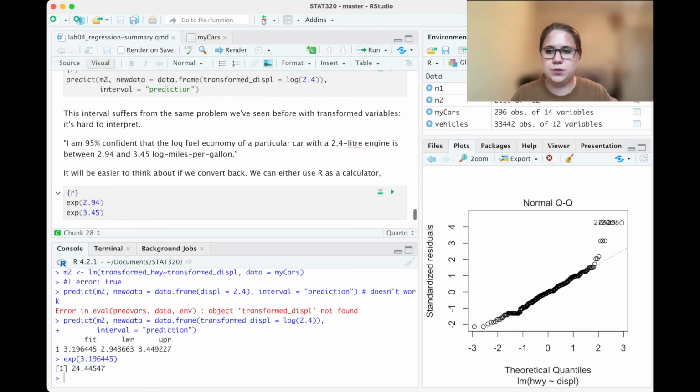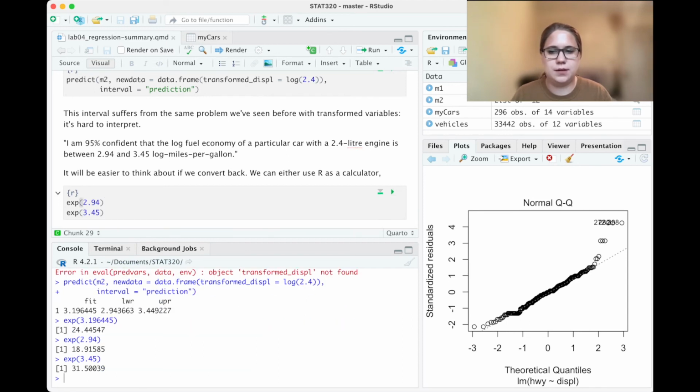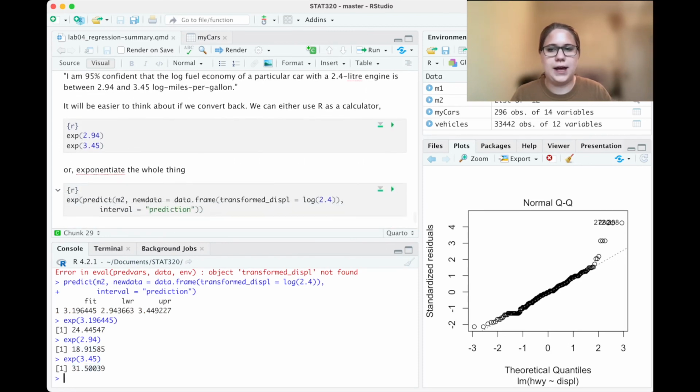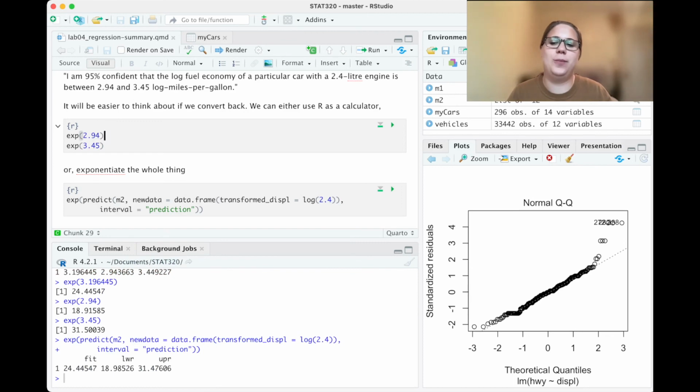So I could use R like a calculator. I could do that for the lower end of the interval and the upper end of the interval to get the ends of my interval. Or I could exponentiate the whole thing. So I could wrap exp around my predict call, and then everything that comes out will be exponentiated.